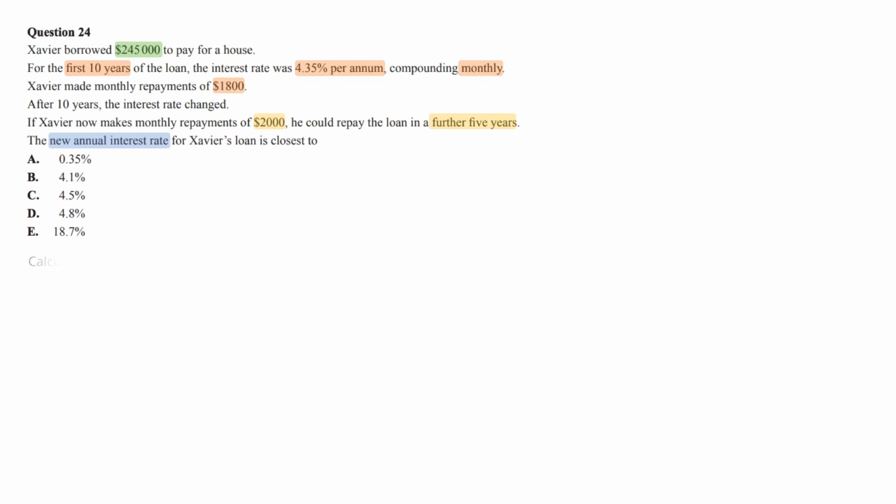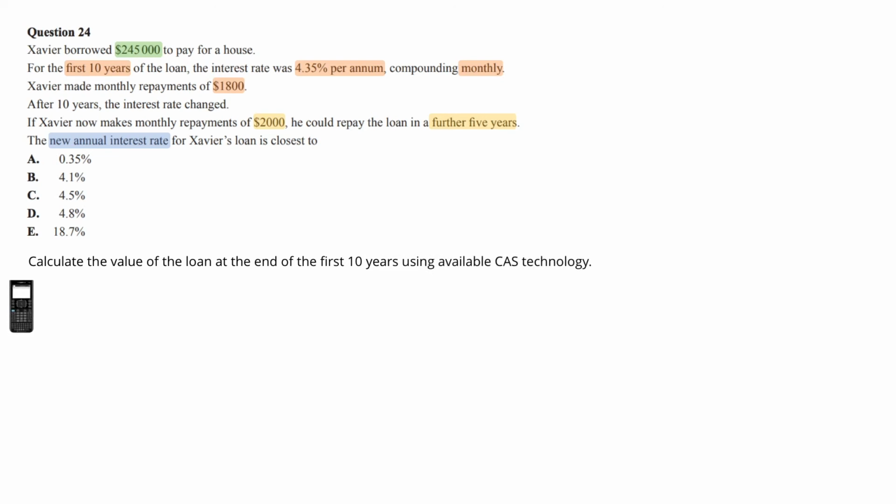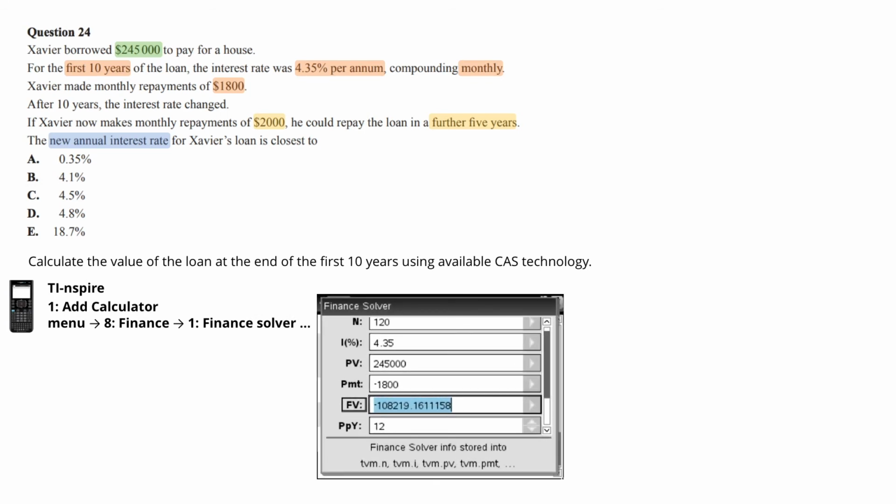First of all, let's calculate the value of the loan at the end of the first 10 years using available CAS technology. Using TI Inspire, we add calculator, and then from the menu, we choose Finance and then Finance Solver. Notice that N is 120 because 10 years times 12 months is 120. The interest rate is 4.35.